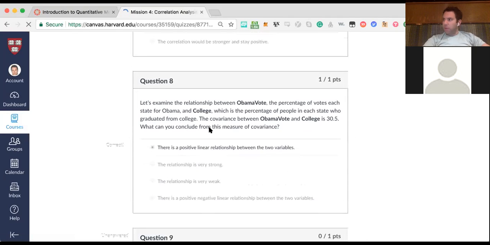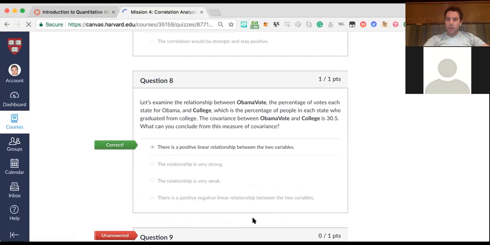So what's probably happening is the order of the choices might be randomized, so they might appear in a different order on your screen, which is possible. But in this case, the only thing we can determine from covariance is the direction of the relationship.